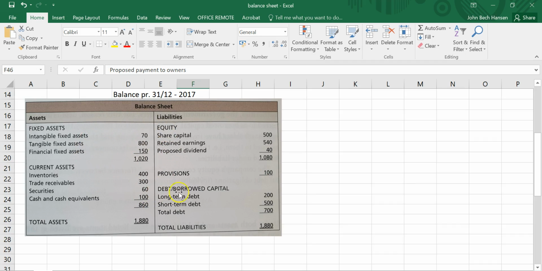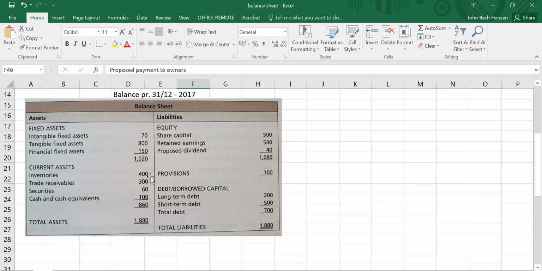So all these figures continue to live and develop over time. If we come into next year and buy new stock for our inventory, then our inventory will increase. So it will be 400 plus what we purchase. So we will keep on developing the figures in the balance sheet.